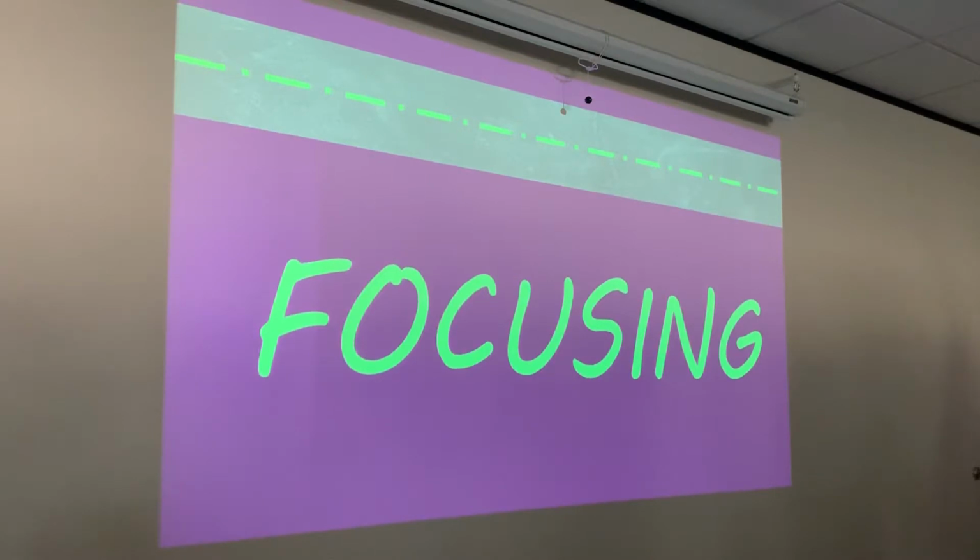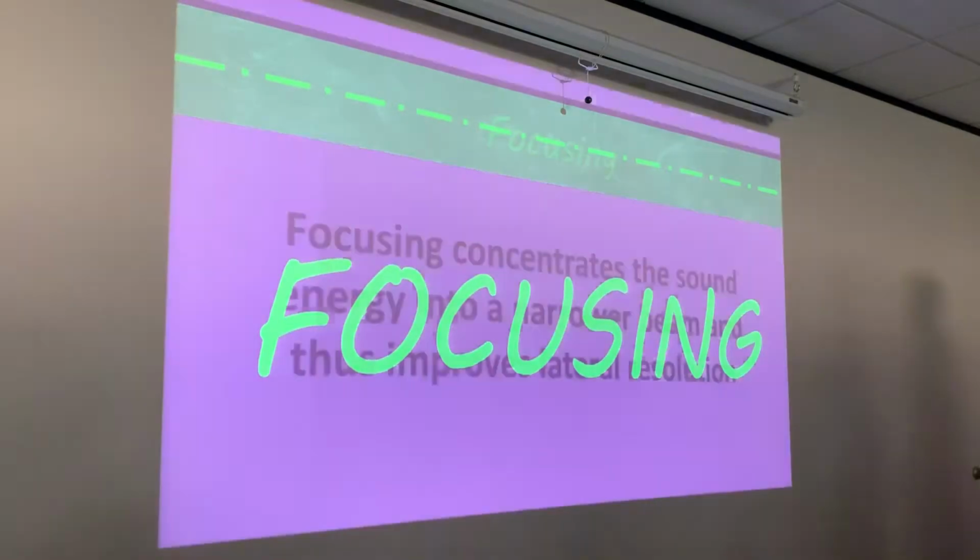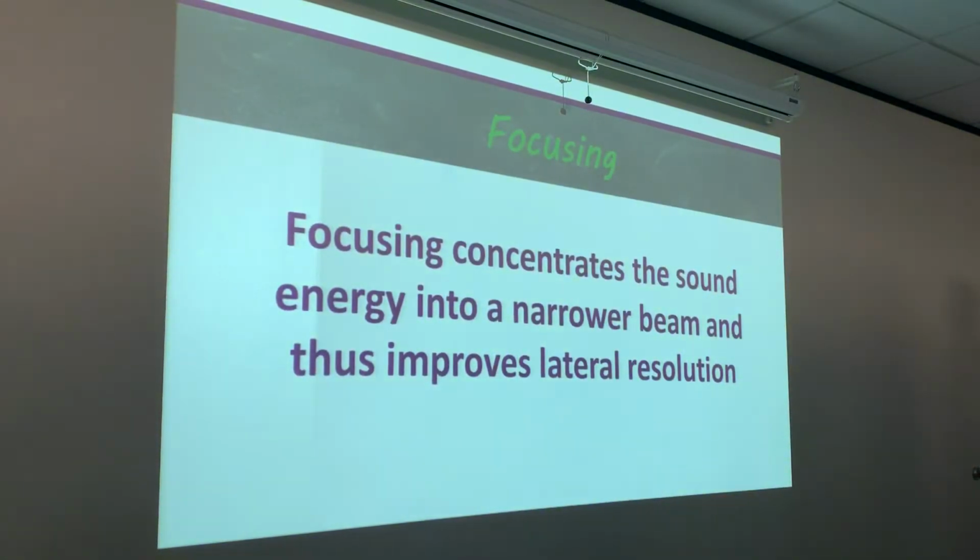Focusing. So when we talk about focusing the beam, of course we use electronic focusing, like I said, right? But there are also different types of focusing. Well, there were different types of focusing, but now pretty much everybody uses electronic focusing. Focusing concentrates the sound energy into a narrower beam and thus improves lateral resolution. Because focusing is where the beam is the narrowest, right?